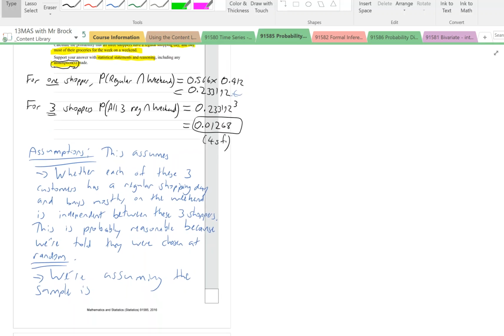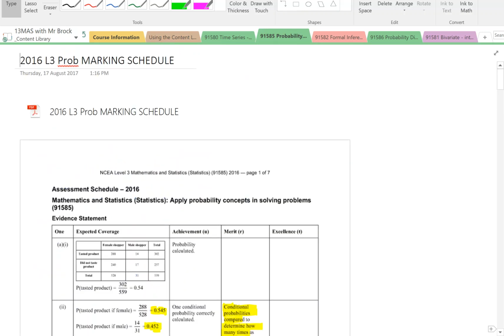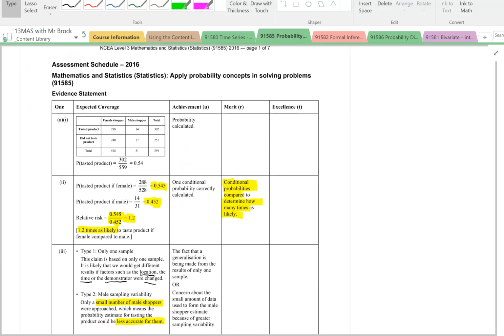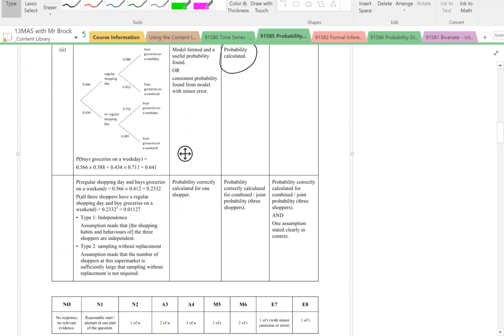Right, marking scheme. It won't let me zoom in anymore, unfortunately, so I'm just going to have to squint really hard at the screen. The key thing was this was actually an excellence question, and it was excellence if you correctly calculated the probability for all three shoppers, and mentioned one assumption that you stated clearly and in context, so you didn't have to get both.